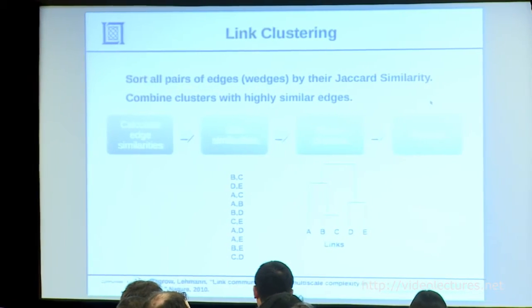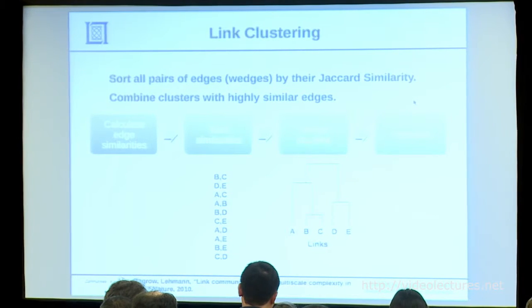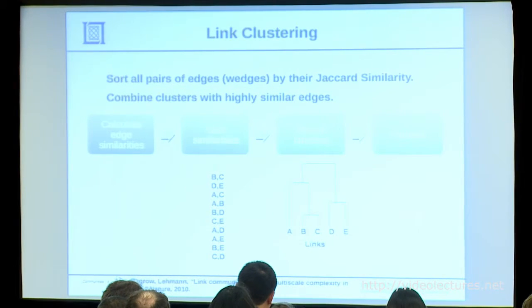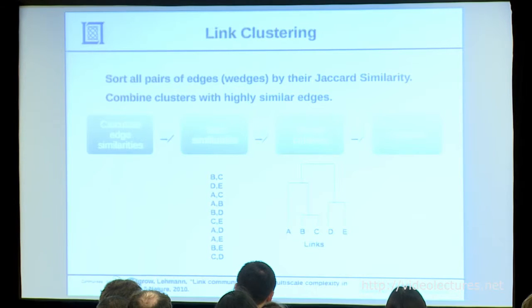That'll become important later. Once you've computed all those, note that the object for which we compute a similarity score is a wedge. You sort all of those wedges by their similarity scores, and then start combining clusters, like I mentioned. Here are a list of edges sorted. Then you start combining edges B and C because they're most highly similar, and so on until you decide to stop.